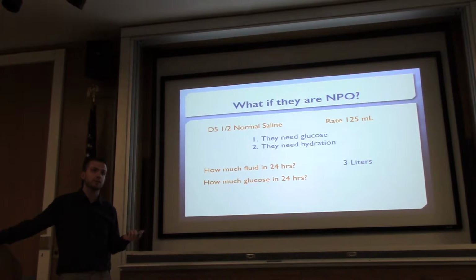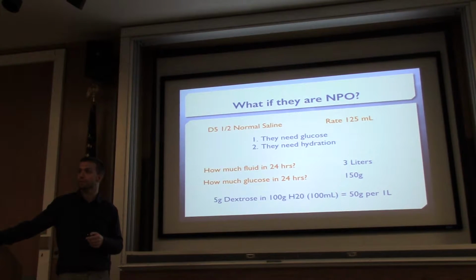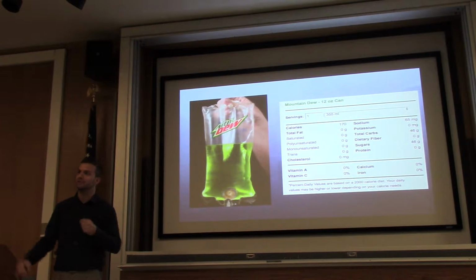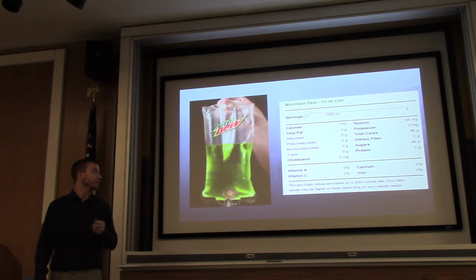So in a liter, if 5%, you have 5 grams in 100 mLs, so you have 50 grams in a liter. So you're giving them about 150 grams of sugar in 3 liters. So you'd be much better off if you just gave them 3 Mountain Dews. You'd have a lot less fluid, a lot more sugar. You'd be way better off to be able to do that.